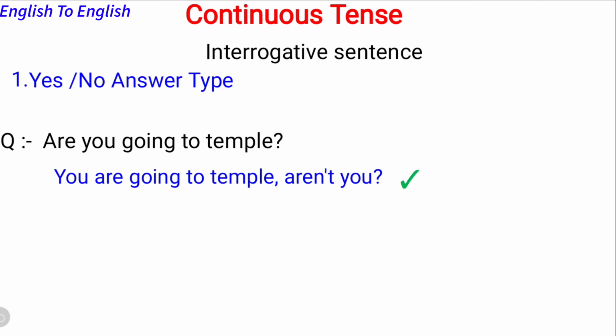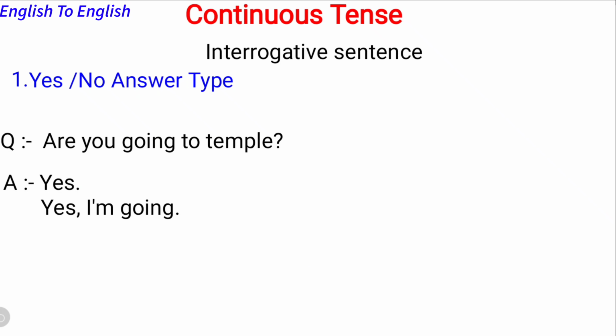But our purpose is to learn yes or no answer type questions. So let's see what are the answers that can be given to this question, are you going to temple? So yes or yes I'm going. It is up to you whether you wanna speak in full sentence or you wanna speak just one word yes. Or you can say yes I'm going to temple. So it's up to you. You can use I'm going to temple, you can use I'm going, you can use yes. But the better one is yes I'm going.